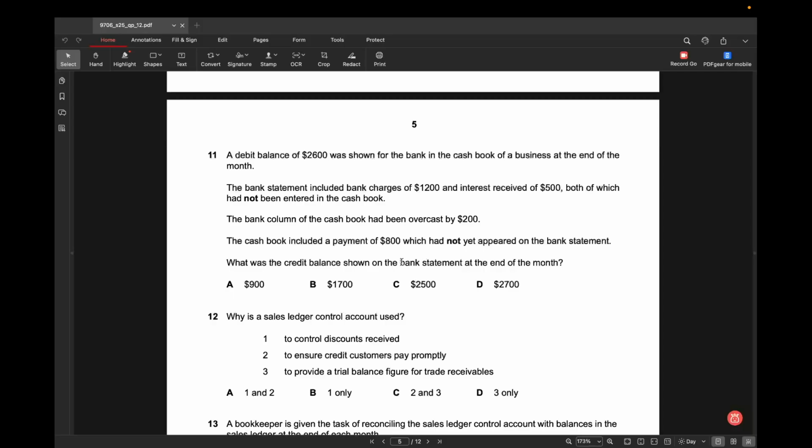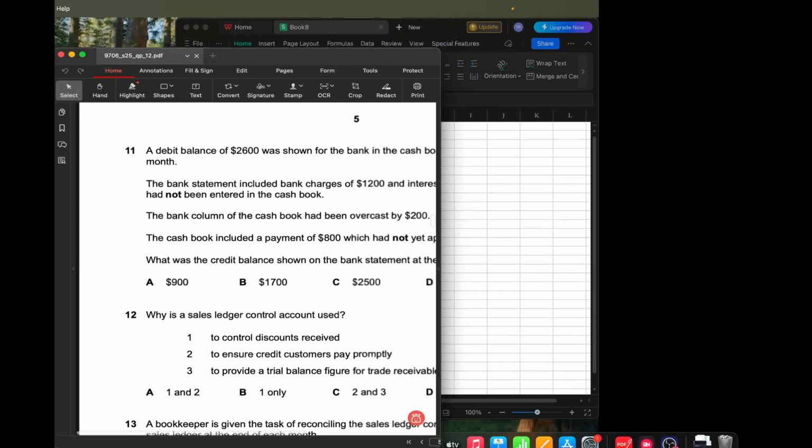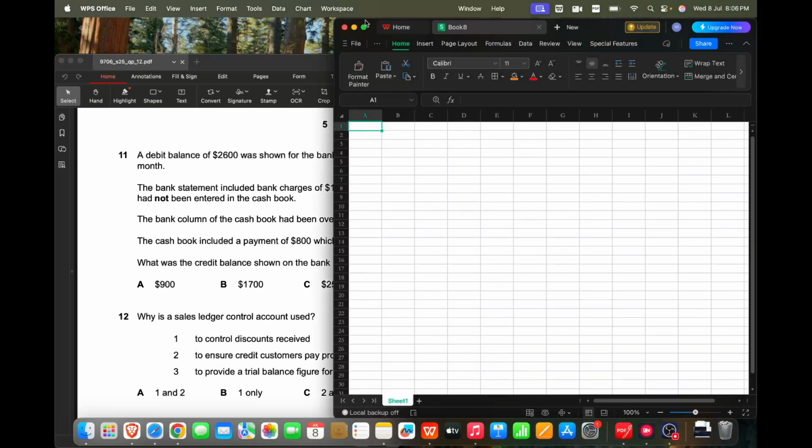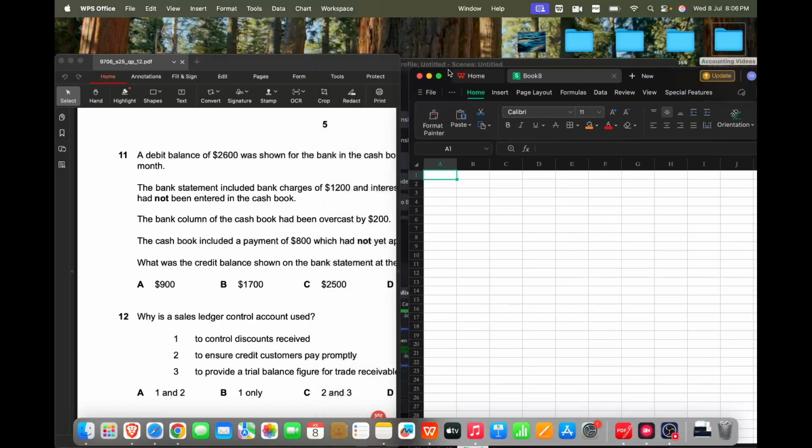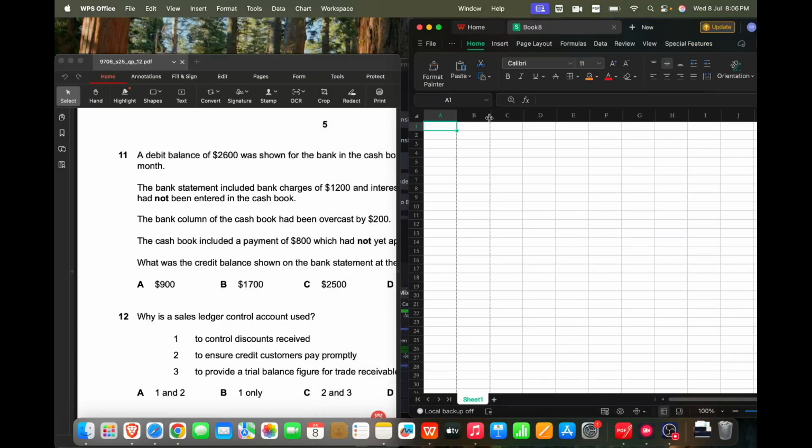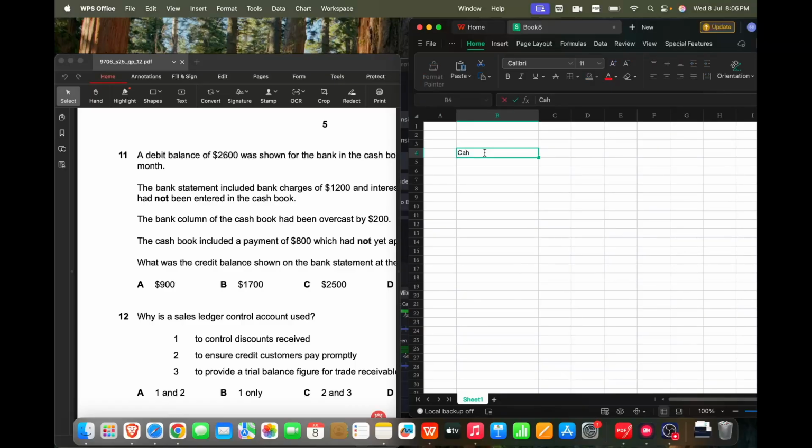Very simple. So we'll start with the bank amount here. Let's write this as my opening balance or cash book balance, that is 2600.